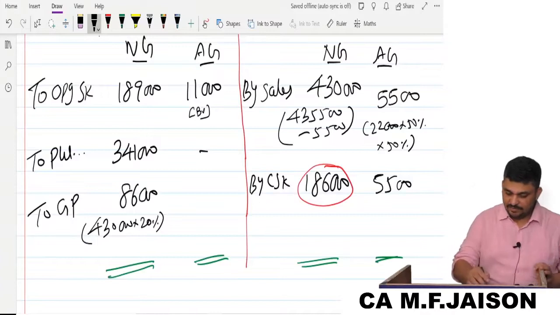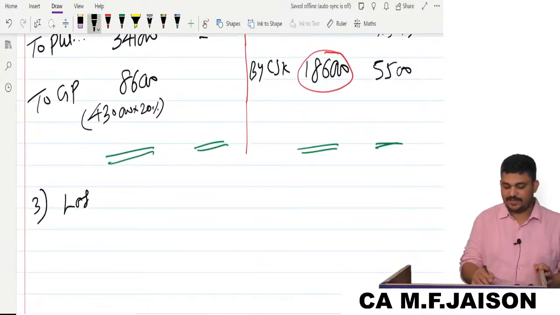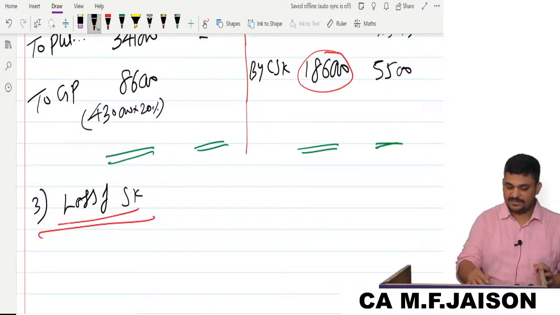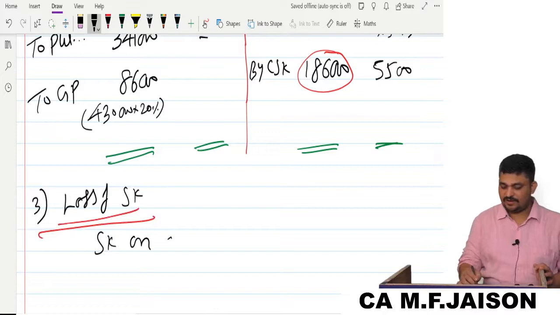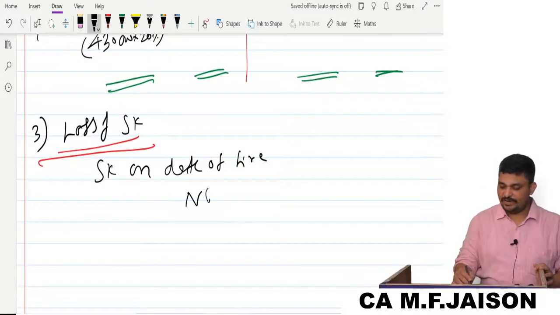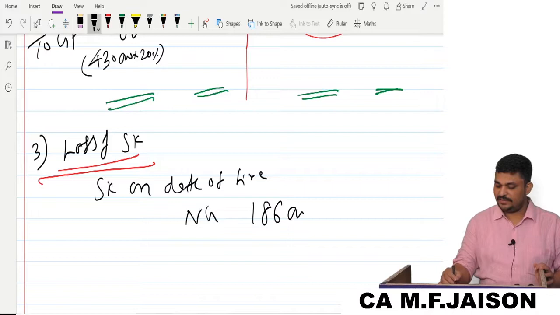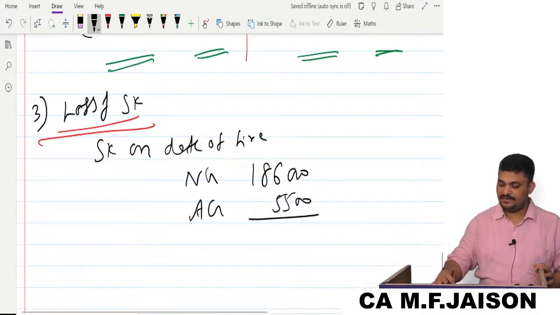So now proceeding to the third step. What is the third step? Loss of stock. As far as loss of stock is concerned, we have stock on date of fire. We have normal goods 1,86,000, abnormal goods 5,500.